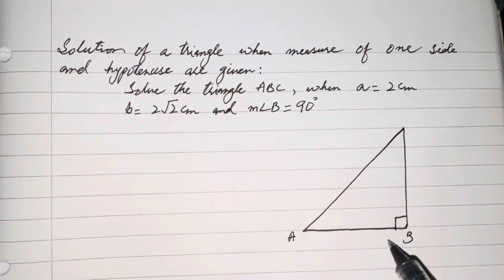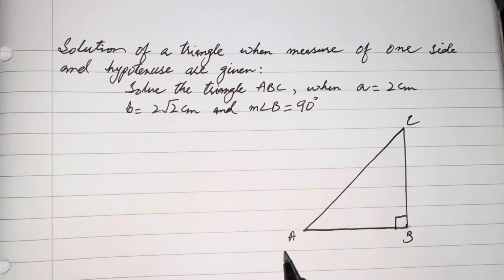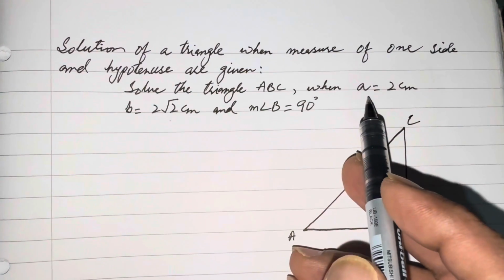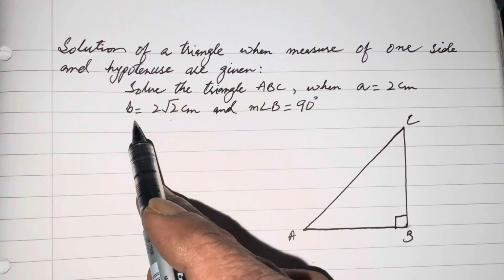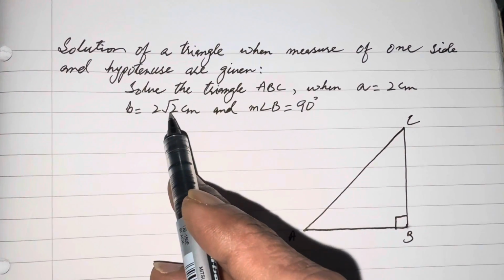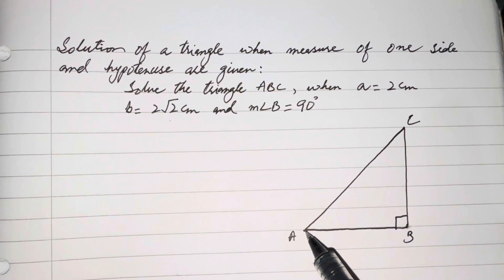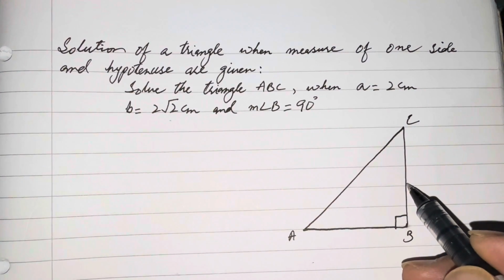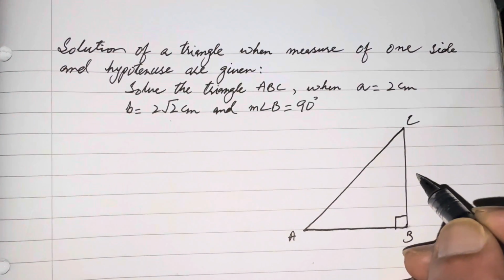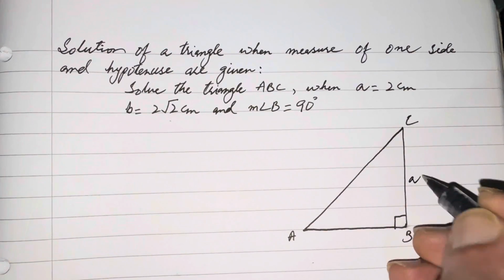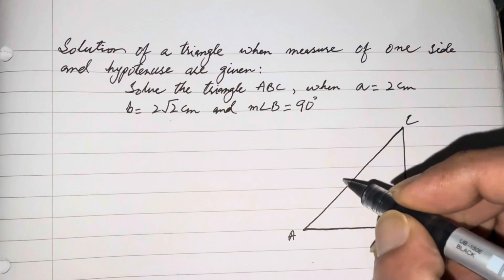So we can say that ABC is a right angle triangle where the length of the side a is 2 centimeter and the length of the side b is 2 into under root 2 centimeter. So that is the angle A. So we are going to take the opposite side of the angle A as small letter a, and the opposite side of the angle B is small b.